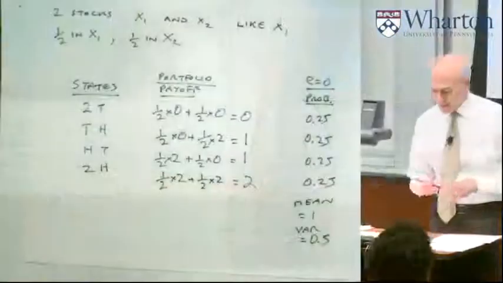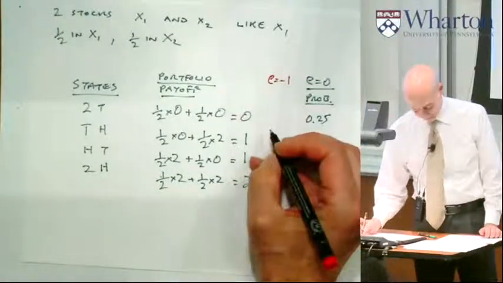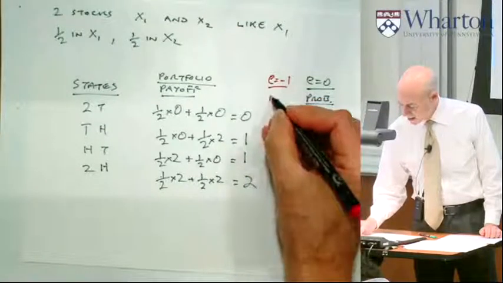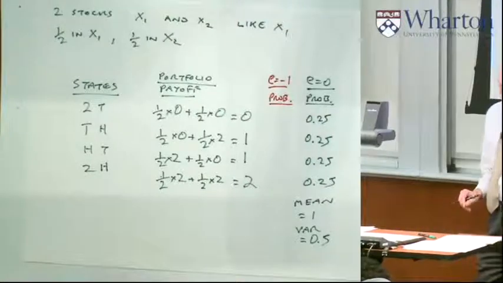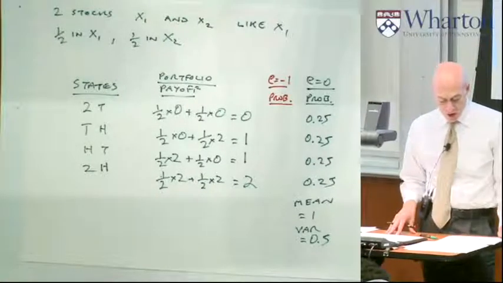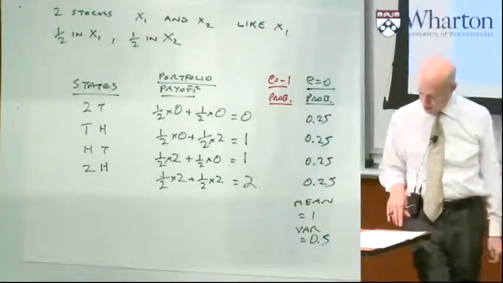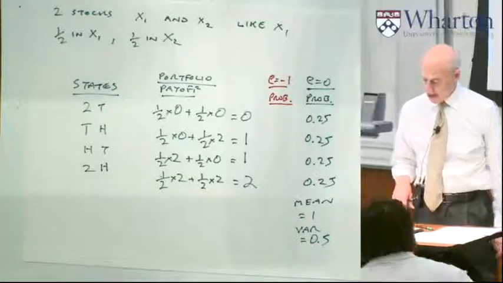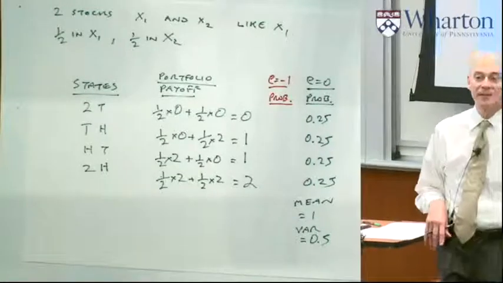Now we could have a negative correlation of 1, and in that case, what would we have? So negative correlation of 1, if I tell you that you get a tail first, what's the other one?